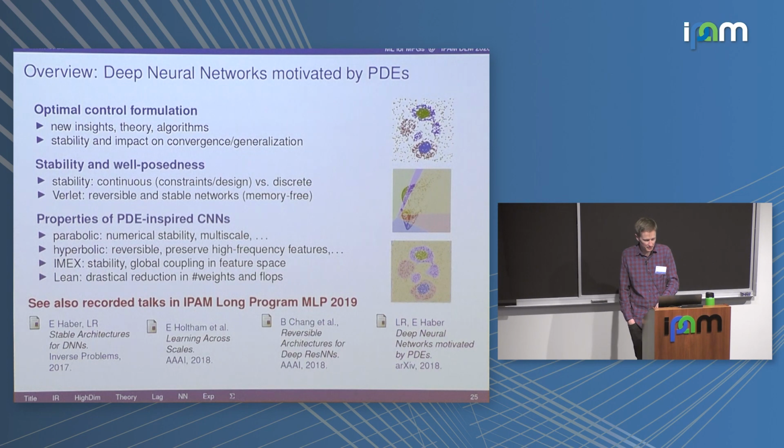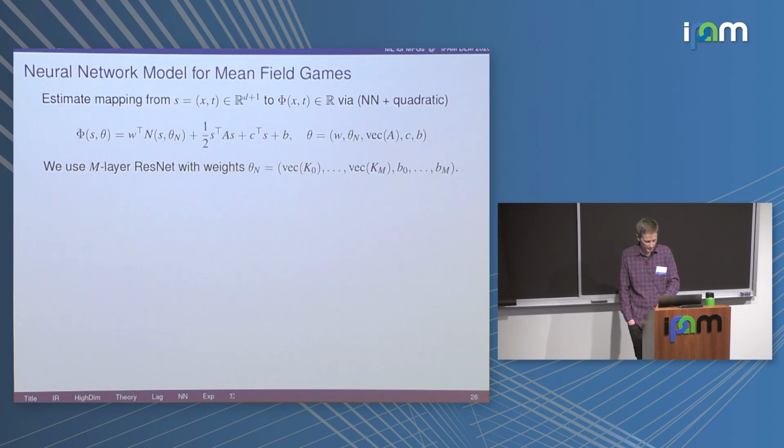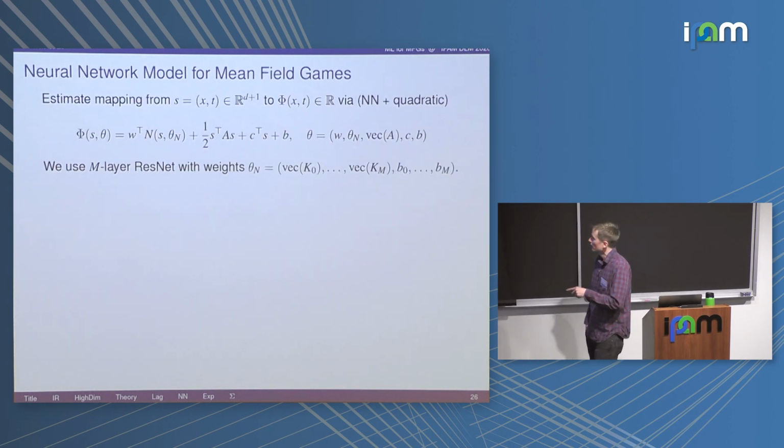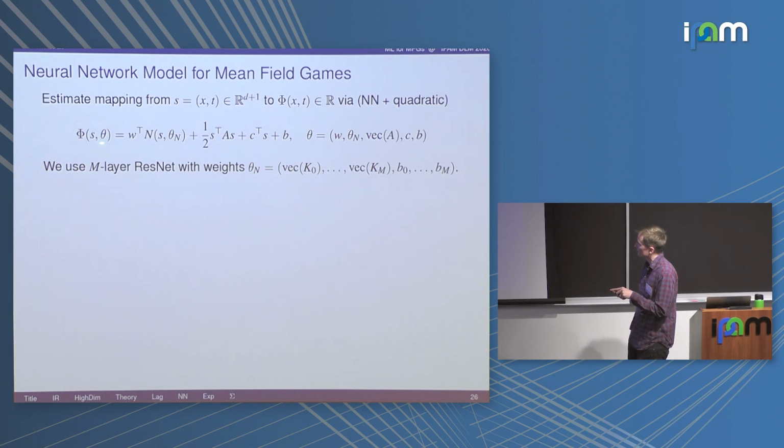But for the problem in the OT, so for the mean field game, what we choose is this N here. It can be any of these above. You can put whatever neural network you want. It takes as an input s, which is actually x and t, so that's space and time, because it's a function that varies in both of these variables. It will have some weights.